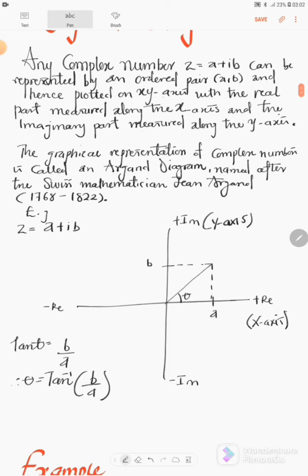The real part is measured along the x-axis, and the imaginary part measured on the y-axis. This is the positive y-axis. If I have to denote it in graphical form, we have minus y, minus x, plus y, plus x. We're not doing graphs, we're doing complex numbers.